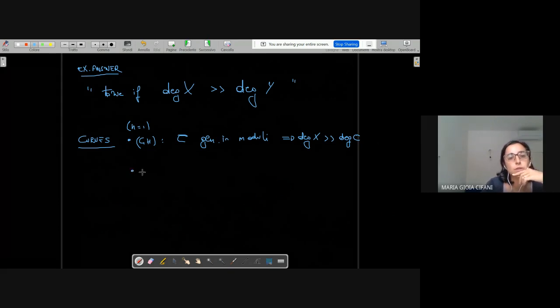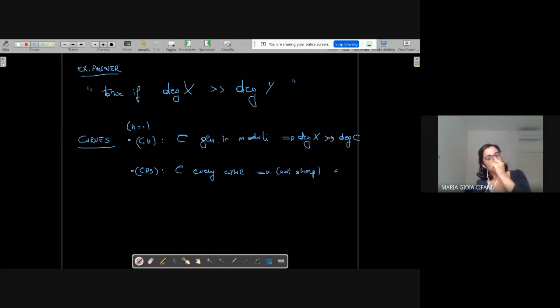And also I cite our work, where we use C every curve, and we found a bound, not sharp, like this bound here. I will write down the bound later.